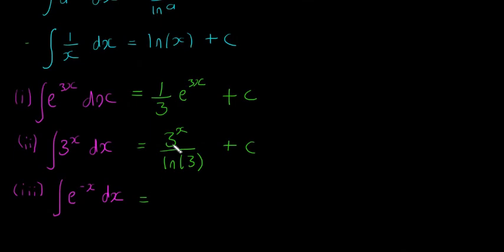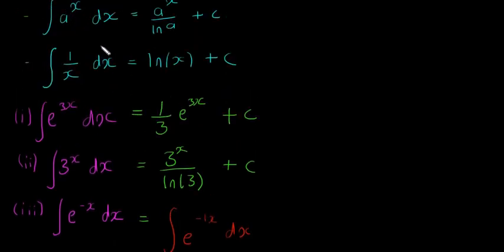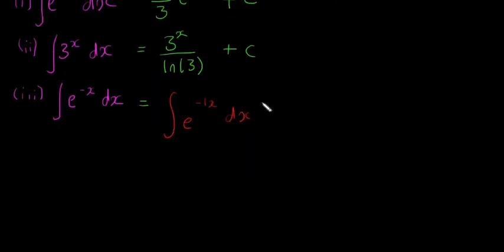This next one here is going to be a tiny bit more difficult, not really. If you integrate this, I'm going to rewrite it, it's going to be e to the minus 1x dx. Minus x is the same as minus 1x. I'm writing it like that so it's similar to this rule here. That means it's going to be 1 over minus 1.